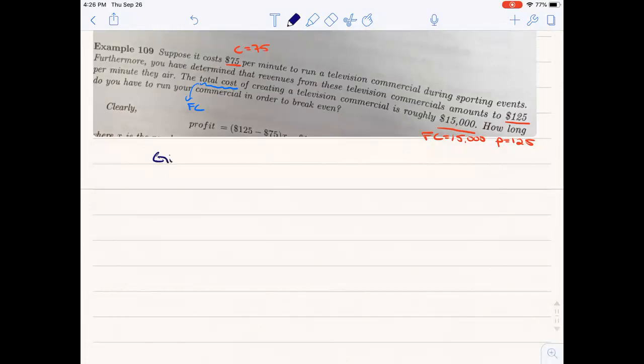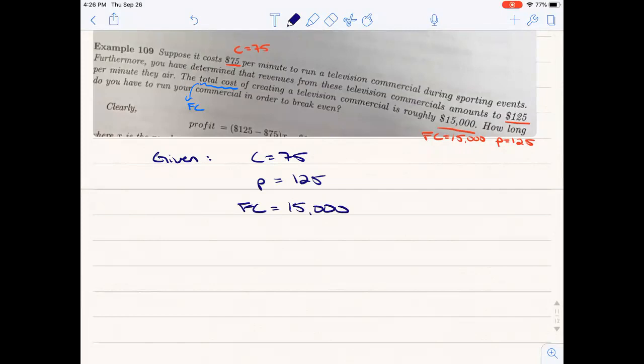So we're given that C is 75, just summarizing what I highlighted up there. P is 125 and the fixed cost is 15,000. How long do you have to run your commercial in order to break even, right?